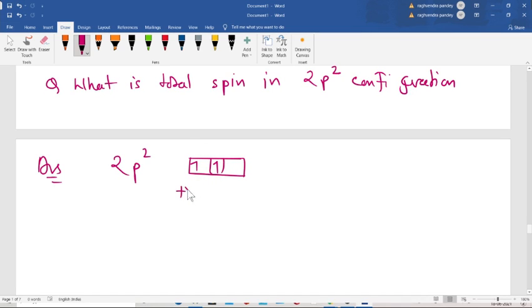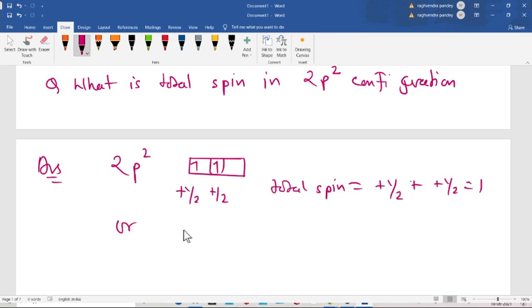Each one has plus half, so the total spin is plus half plus half, that is equal to 1.